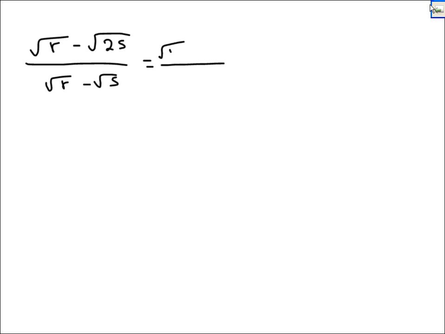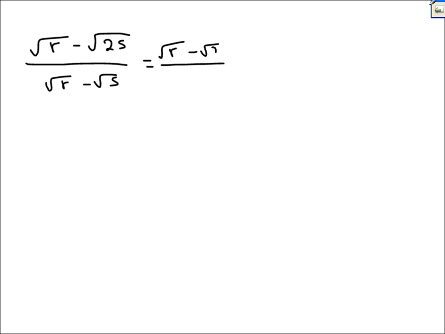Let's consider another problem. Suppose you have the square root of r minus the square root of 2s, and you are dividing this by, it's a good thing, say the square root of r minus the square root of s. You want to get rid of the radicals in the bottom. If only you can square them.